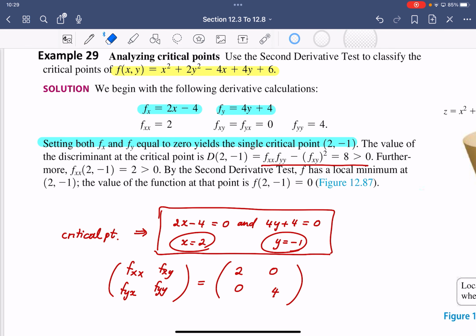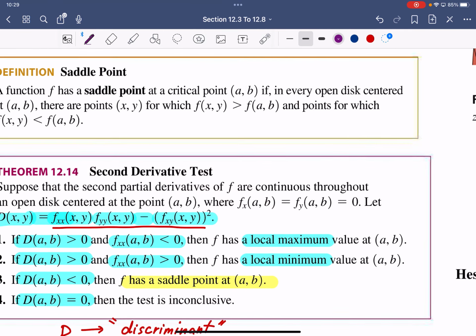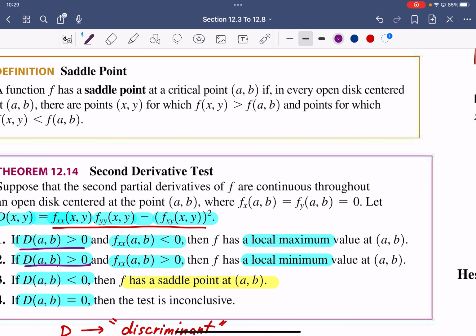Once you get 2, 0, 0, 4 here, you cross multiply: 8 minus 0, so your D is 8 minus 0, which is greater than 0. Once you get greater than 0, you compare to this case, so it's going to be max or min.